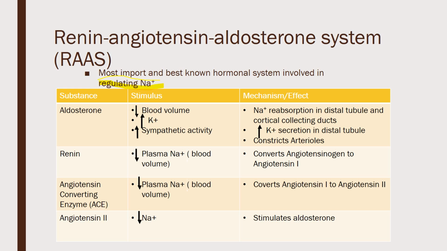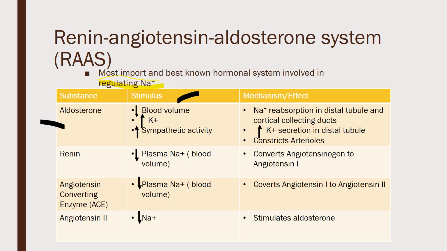But let's start with aldosterone. For aldosterone, the stimulus is a decrease in volume of blood. Also, an increase in potassium ion concentration or an increase in sympathetic activity will influence aldosterone secretion.